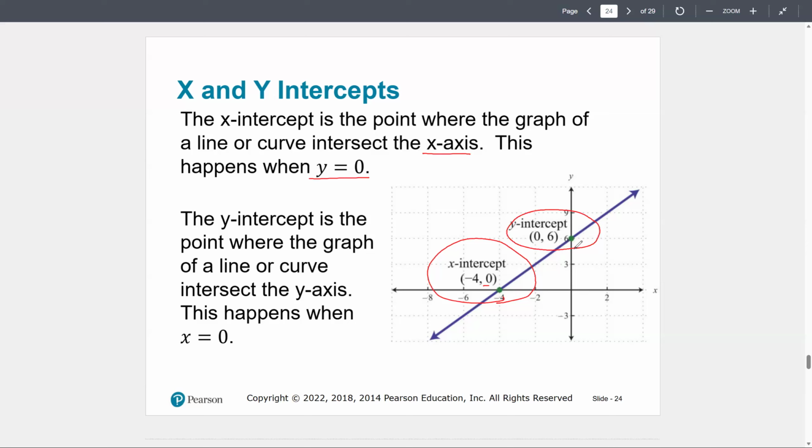And we see this happens when your x value is 0. So we intersect the x-axis when y is equal to 0, and we intersect the y-axis when x is equal to 0. So we can use this knowledge to help us find x and y intercepts without graphing.